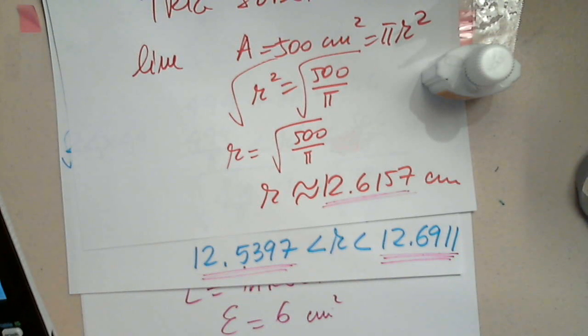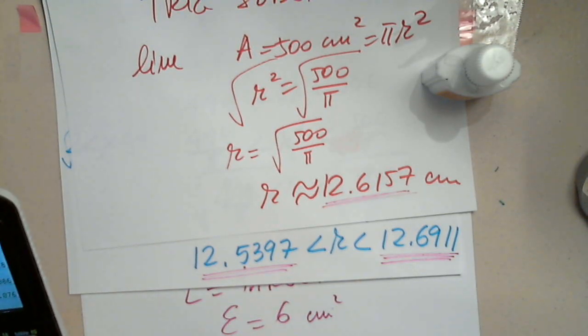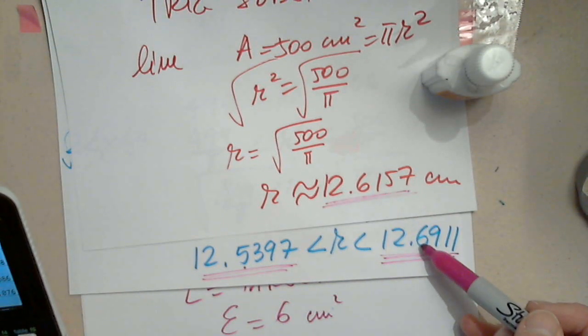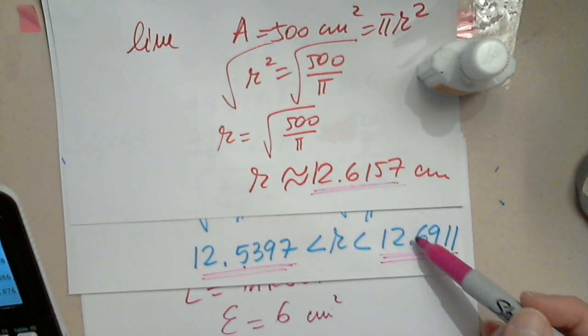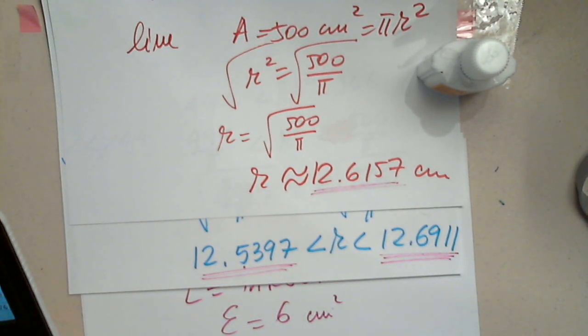So 12.6157 minus 12.5397. I got 0.076, and now this will be 12.6911 minus 12.6157, and I got 0.0754.